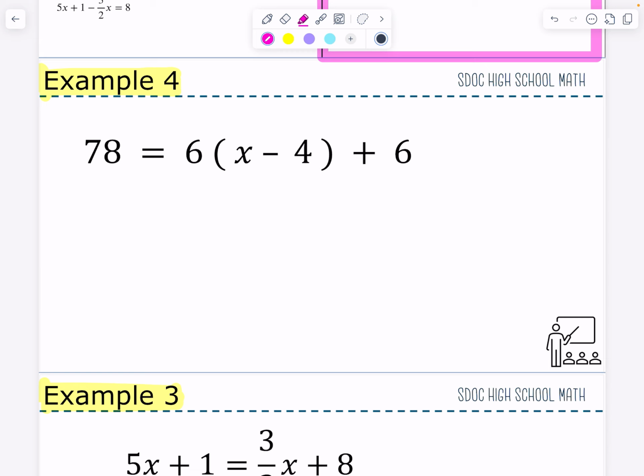Just watch how I work through it. Once I've got it down, then pause the video, go back and fill in your notes. But if you're looking up and looking down, you're not really processing what's happening. So just watch as I work through example 4 and then pause the video and write it down. So let's go ahead and get started with example 4. That's on the back of your paper.